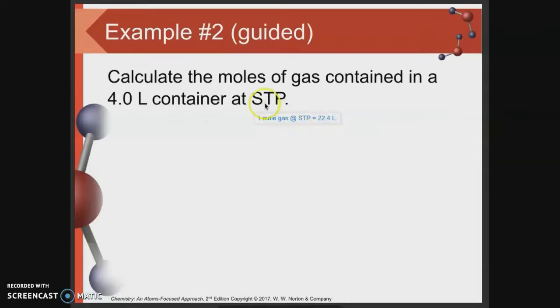So if I know that, and I know my Avogadro's law, I don't actually need to use the ideal gas law in this case. I can just take my 4.0 liters of gas and do a dimensional analysis unit conversion. 22.4 liters of gas is equal to 1 mole of gas. My liters of gas cancel.